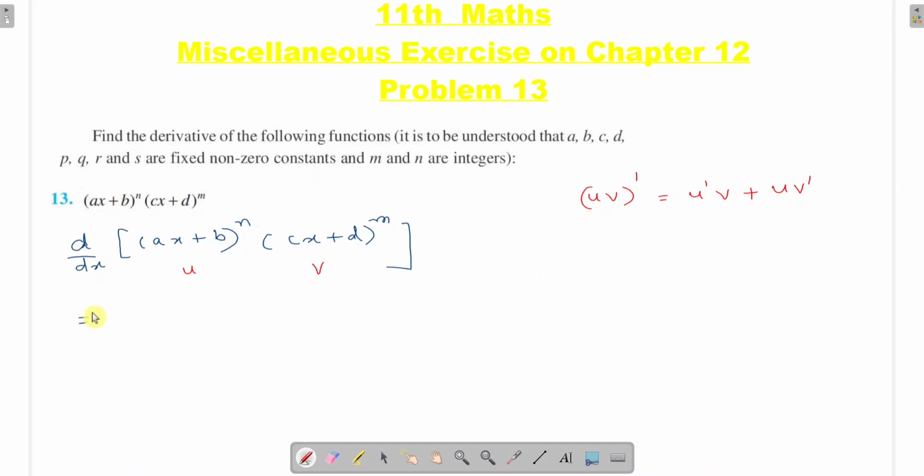So this will be equal to, now this is u, this is v, and we are finding the derivative.